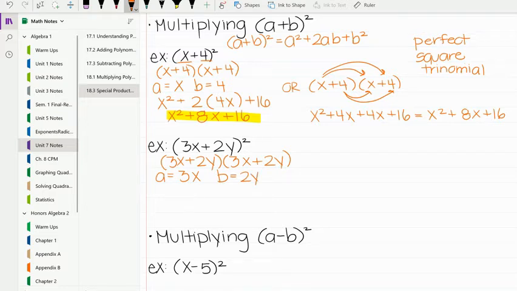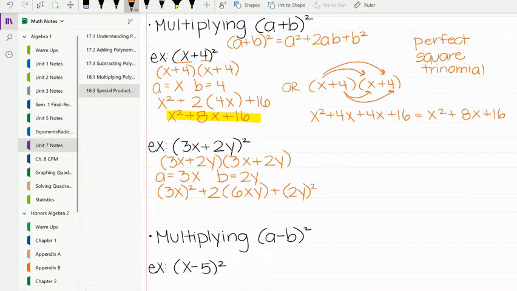According to the formula, it's a squared, then plus 2ab. A is 3x, b is 2y, so when I multiply those together, I get 6xy, and then it's plus b squared, so b is 2y, and then we would square that.